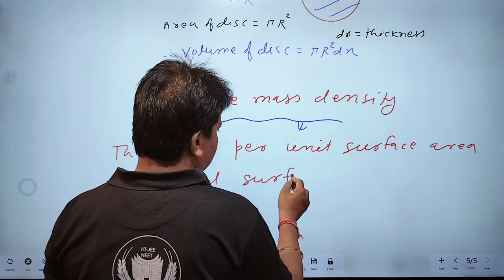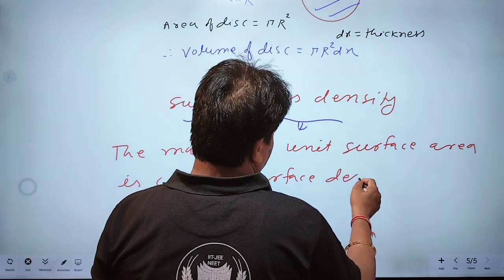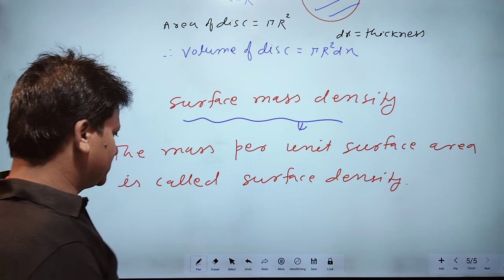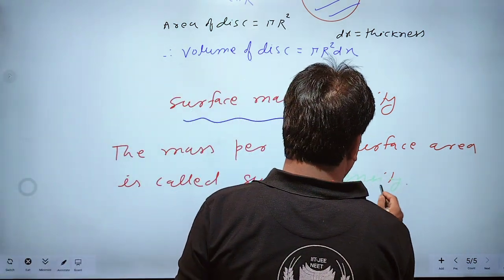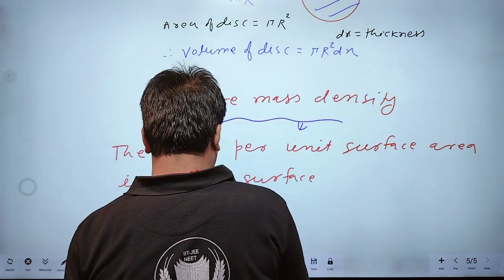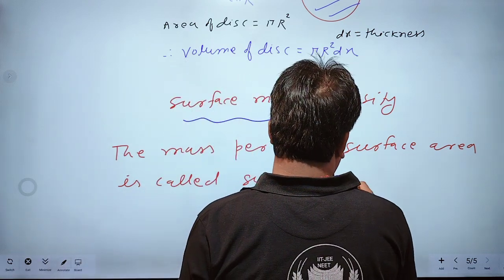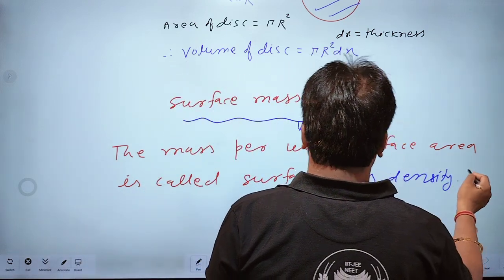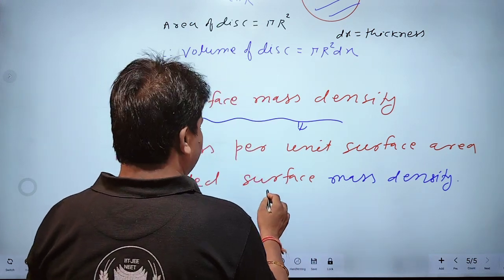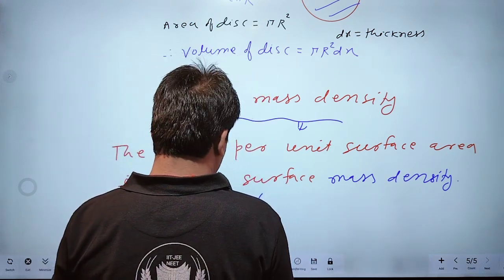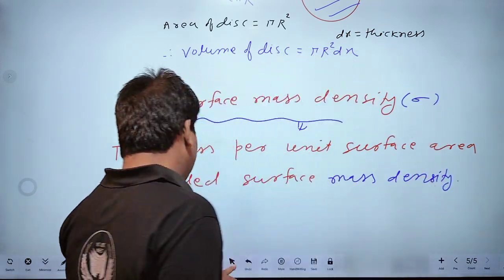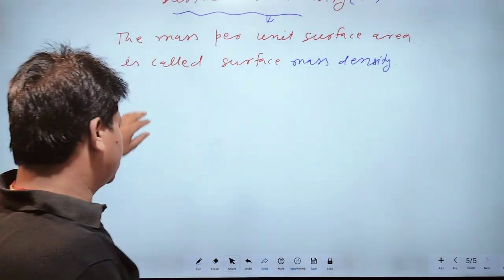Surface mass density is denoted by sigma.